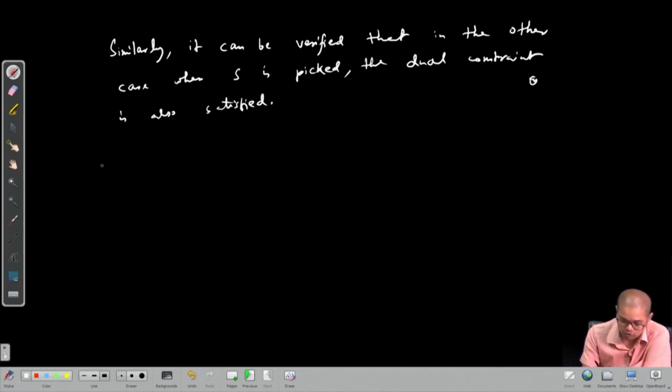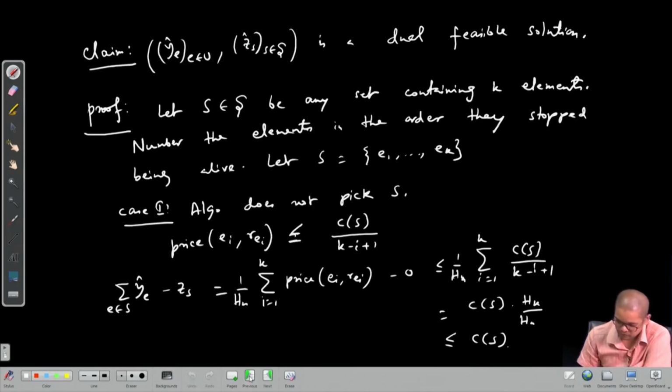So OPT is greater than or equal to the dual objective function at this value.